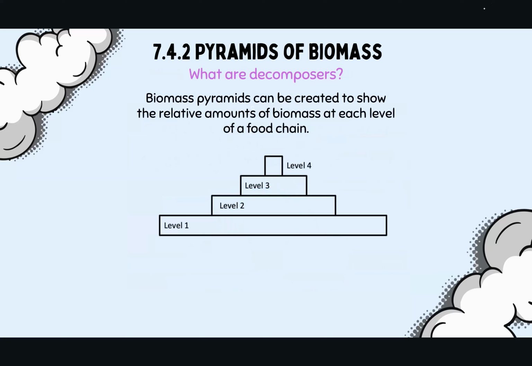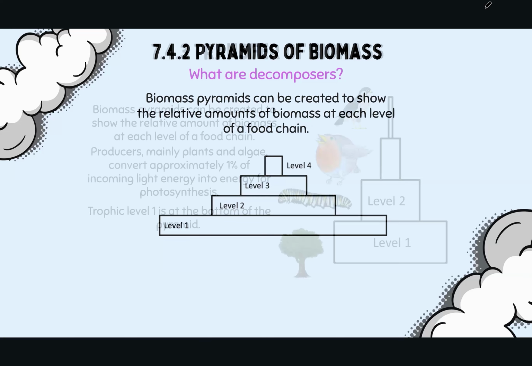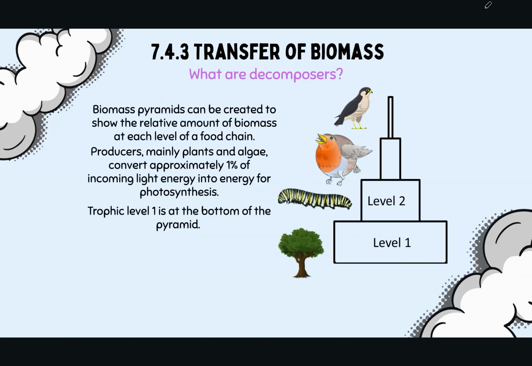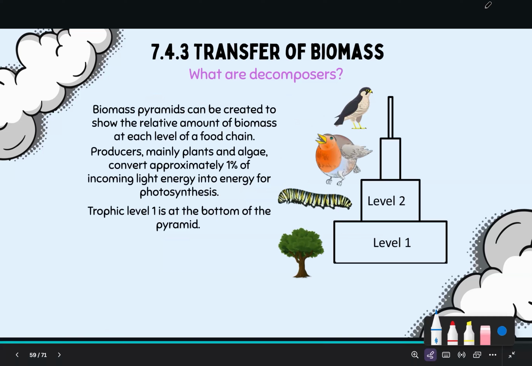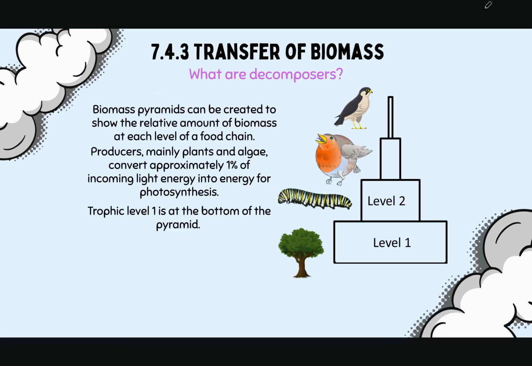Now, biomass pyramids can be created to show the relative amount of biomass at each level of a food chain. Biomass meaning how much matter they're made up of. So level 1, we always have the most amount of mass. Producers, mainly plants and algae, convert approximately 1% of incoming light energy into energy for photosynthesis.